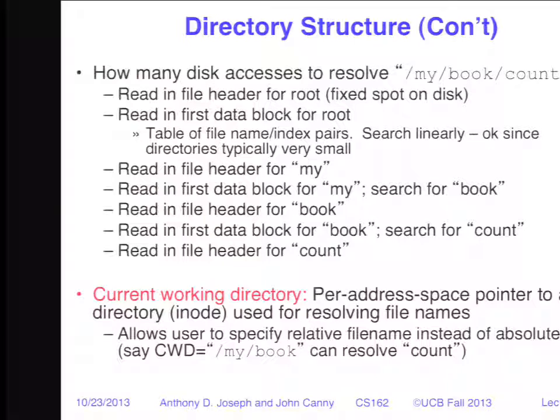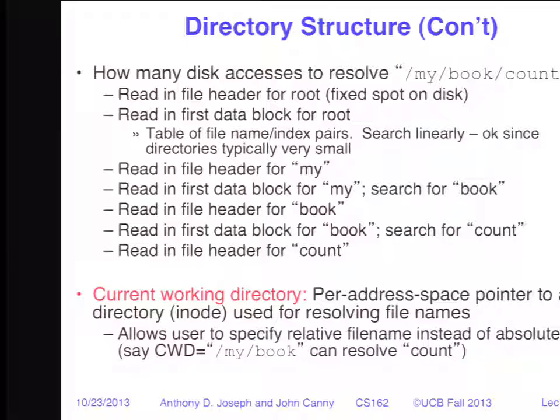Then we read in the first data block that's in that file header for my, and we search for book. Right? Once we find the I number for book, we can then load in its file header for book. We're going to then read in the first data block of book and search for count. And then, once we have the I number for count, we can read in the inode for count. Now, we are finally ready to actually read the blocks in count.